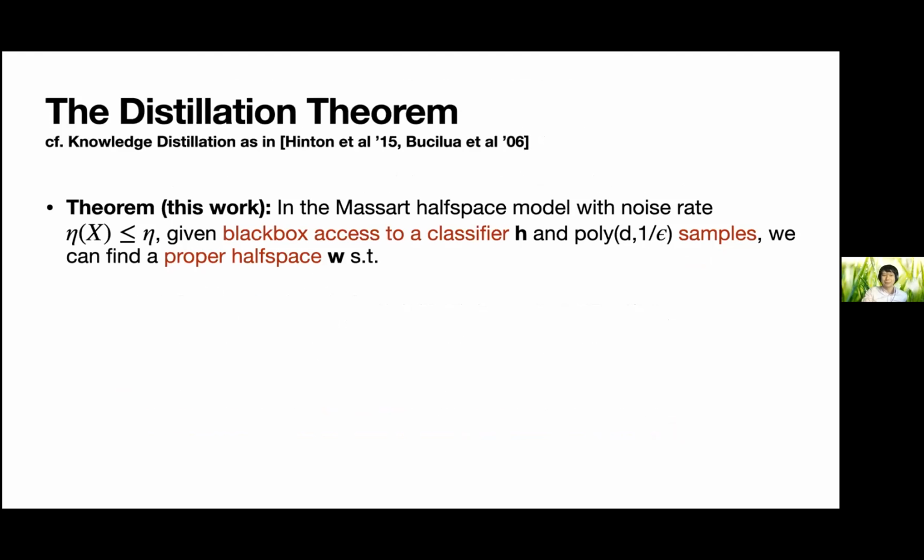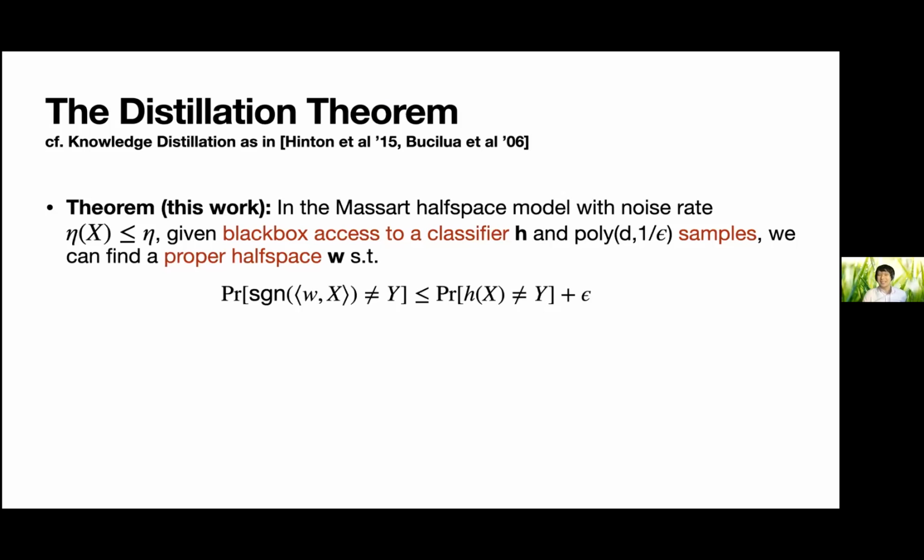So there's a cool application of this, which we'll call knowledge distillation, because it's essentially the same idea as knowledge distillation in the context of, say, neural nets. And this is just a corollary of having a proper learner. What it says is, suppose I give you access to a classifier H, which does even better than eta.